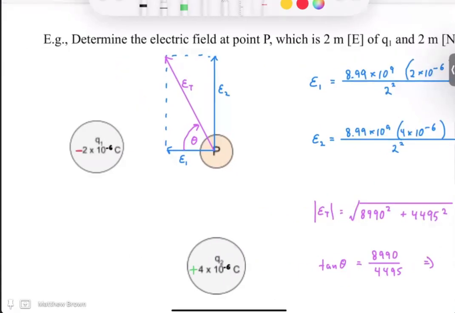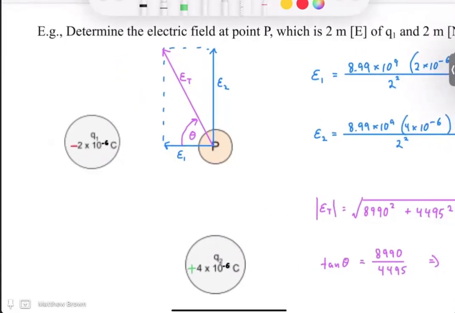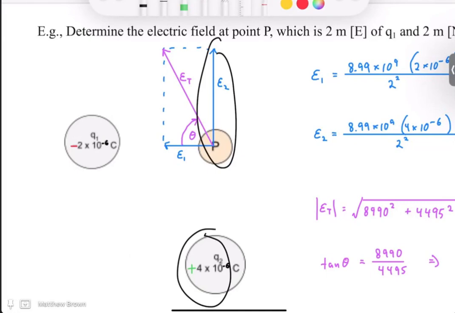Because I had already figured out that at that point in space, the electric field because of Q1 would be attractive here, so I'd already put in that arrow in that direction. And for E2, I figured out it would be repulsive because it's a positive charge down at the bottom here. So I'd already put that whole geometry together. I just used the positive numbers because I just wanted the value.